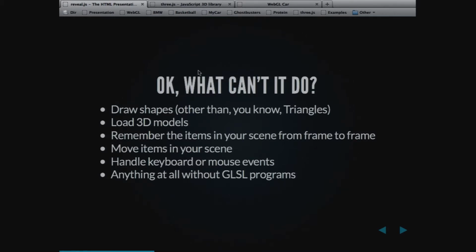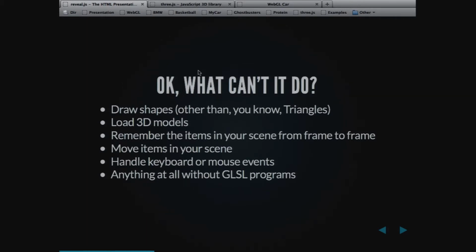Well, it also doesn't know about keyboard and mouse events. So you can't just say the W key should bring everything in the scene closer by 5 units. You have to handle the mouse listeners, keyboard listeners, handle moving the objects, and then telling WebGL about them all over again every time. And let's not forget that you can't do any of this if you're not writing these shader language programs.